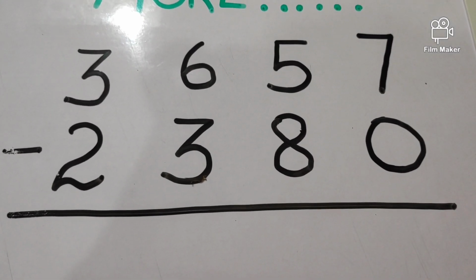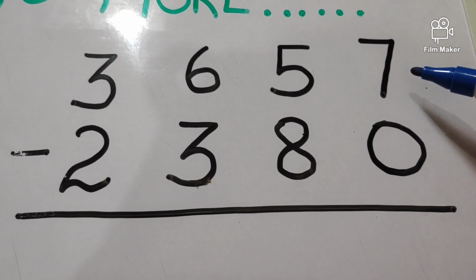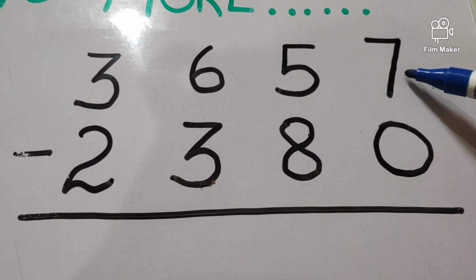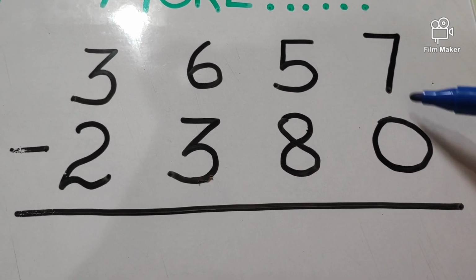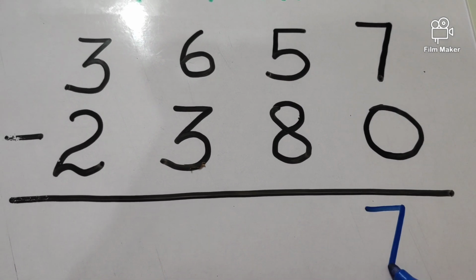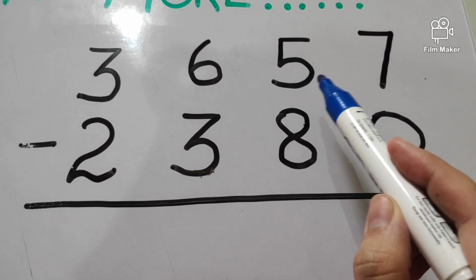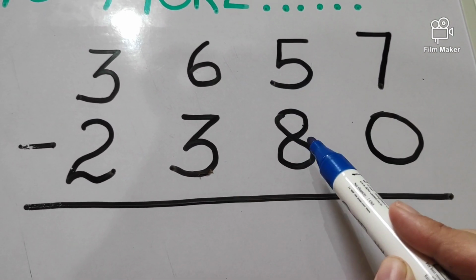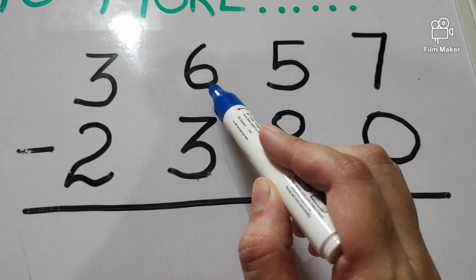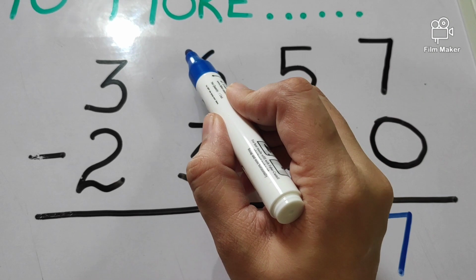Now check the numbers here, children. On the top it's 7 and on the floor it's 0. So more on the top, no need to stop. So 7 minus 0, the 0 property, 7. Now check here. 5 is on the top and 8 is on the floor. That means more on the floor, go next door. So what you will do?